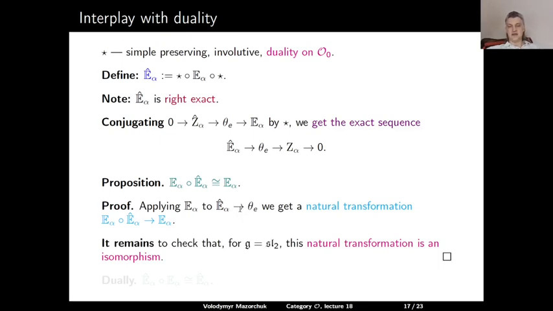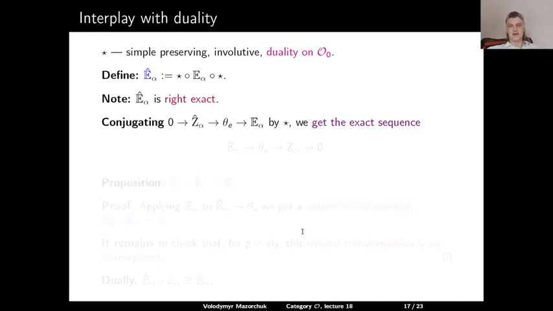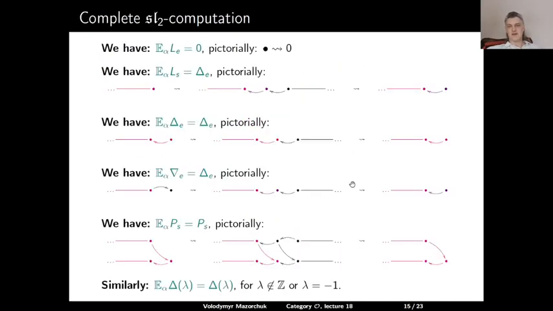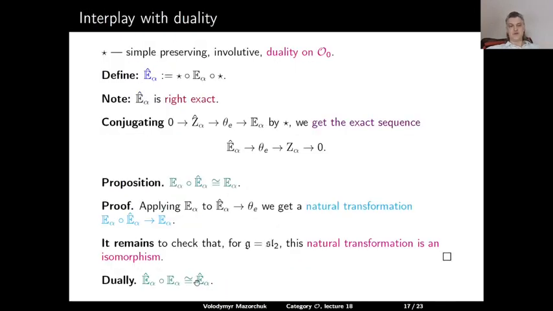Again, using the SL2 nature of E alpha, we just need to check that in the case of SL2, this natural transformation is an isomorphism of functors. And this is again a direct check on this example. So dually, we also have that E alpha hat after E alpha is isomorphic to E alpha hat.